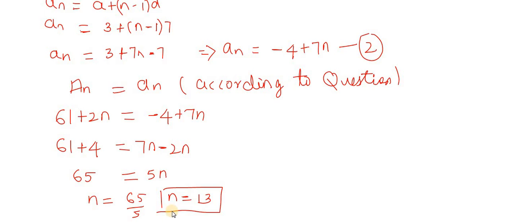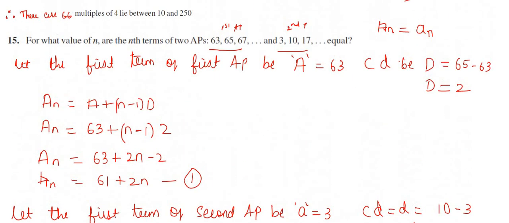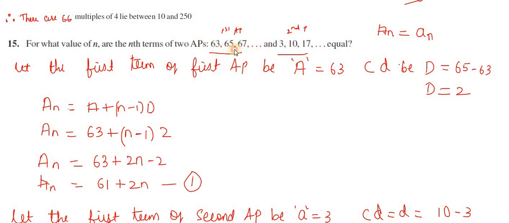So for n equals 13, the 13th term of the first AP and the second AP are both the same. Is it true? Let's verify that. Actually, from the examination point of view that is not important. Only for your clarification I'll verify this quickly.